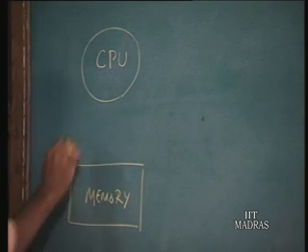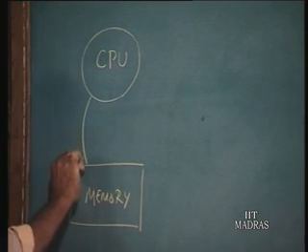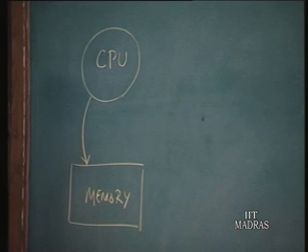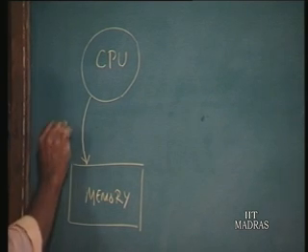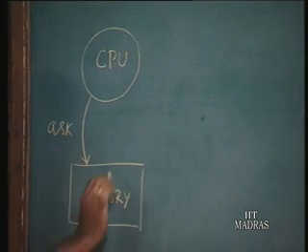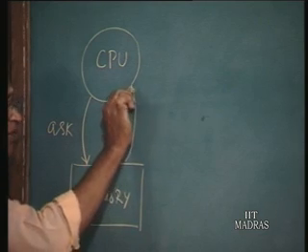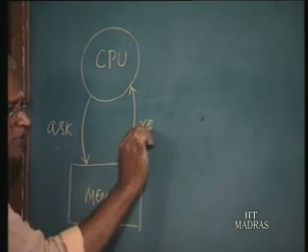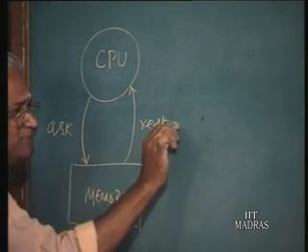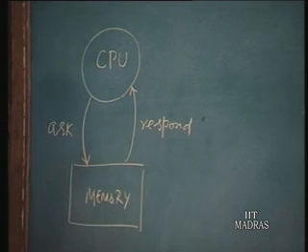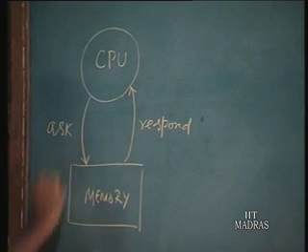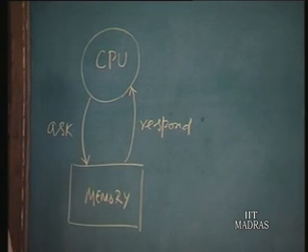Good. The CPU as master is going to demand something, or ask memory for something, and memory will respond to that. Precisely, that is what we have. That is why we said CPU is usually the master and memory is usually the slave.